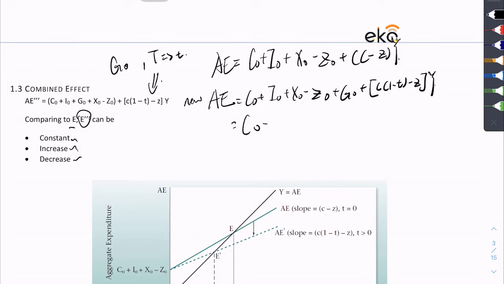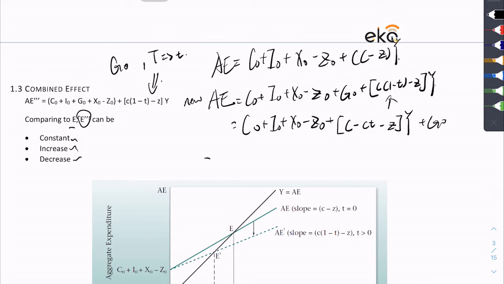We can write this as C0 plus I0 plus X0 minus Z0 plus, open the bracket, C minus CT minus Z, times Y plus G0.